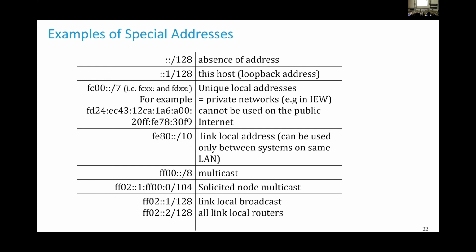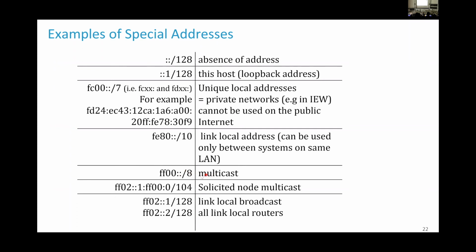It means, in particular, a router will never do anything with those packets. If you want to reach a device and the only thing you know is its link local address, then you hope this device is on the same LAN as you. Otherwise, you will not be able to reach it. It is used for automating a number of things, such as discovery, making sure that when you discover something, you don't flood the internet.